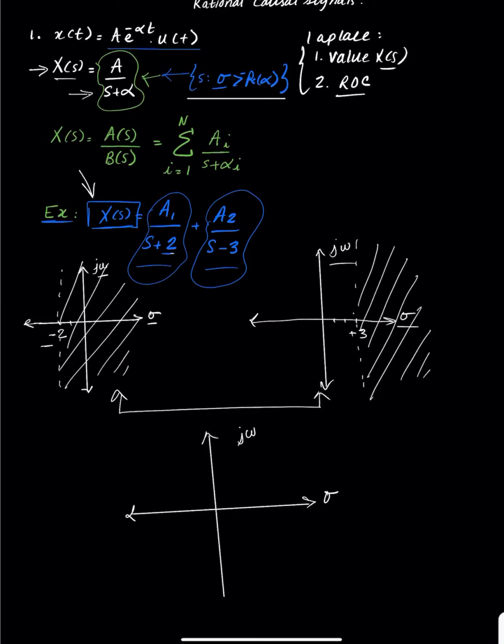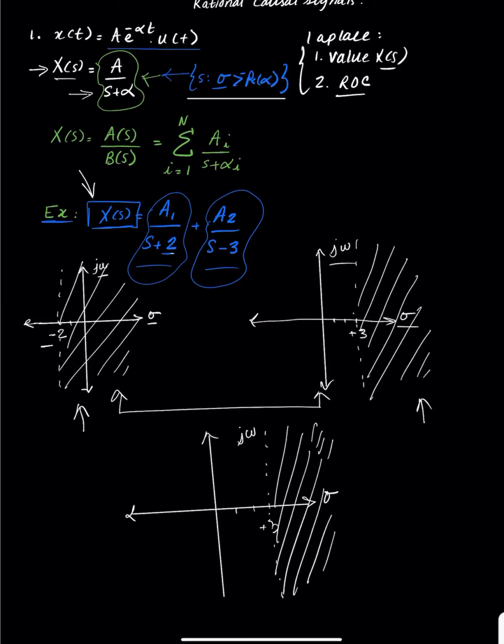Well, between negative 2 and 3, the first part exists, but the second part doesn't. However, after positive 3, the second part exists and the first part exists. So that's the region they have in common. And therefore, the region of convergence for X(s) over here is such that sigma has to be greater than positive 3.